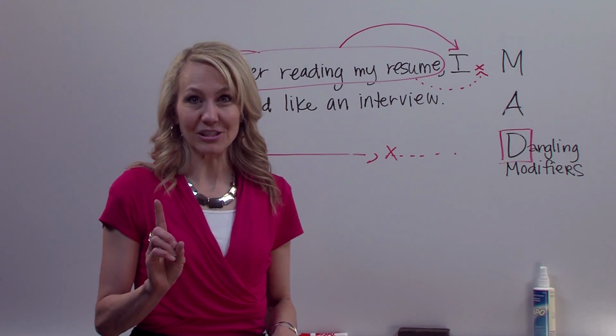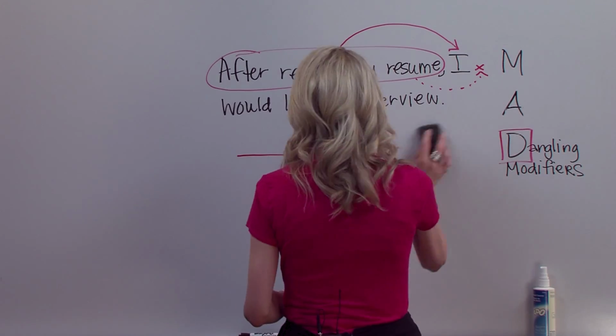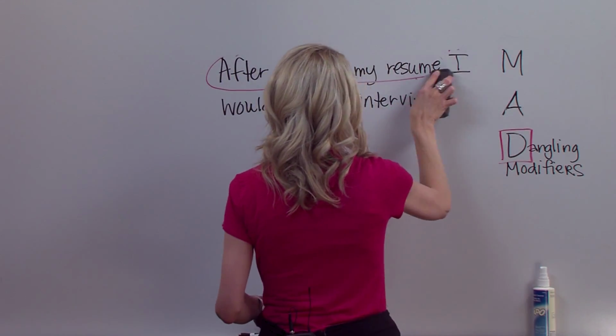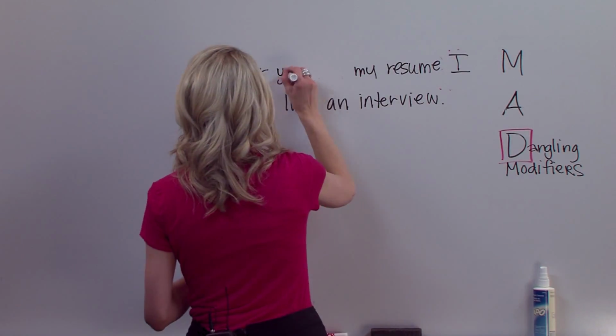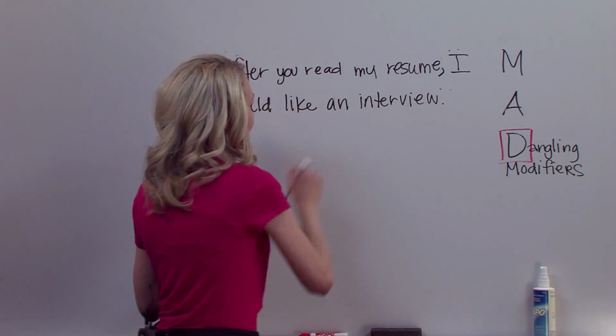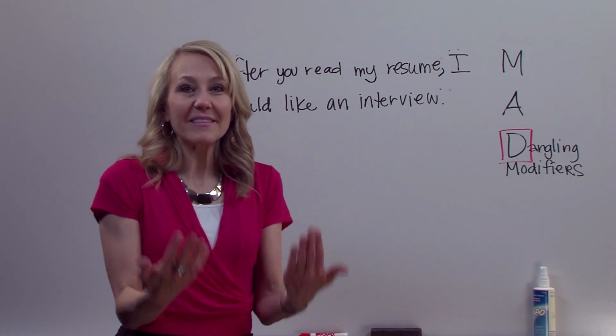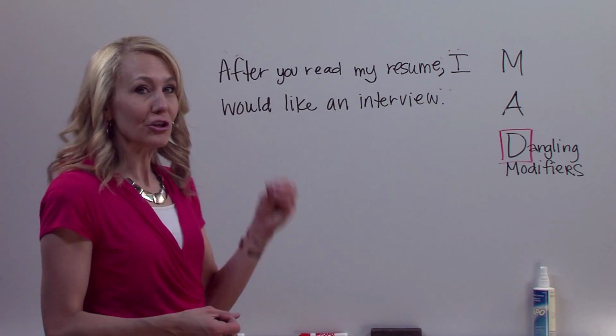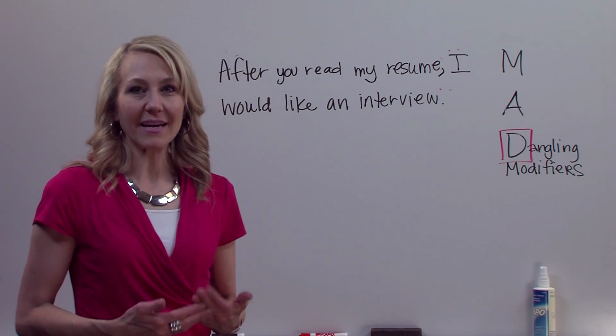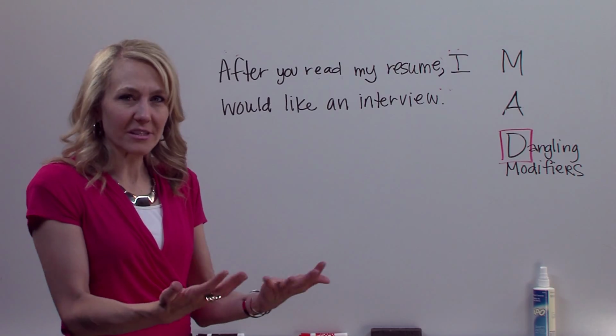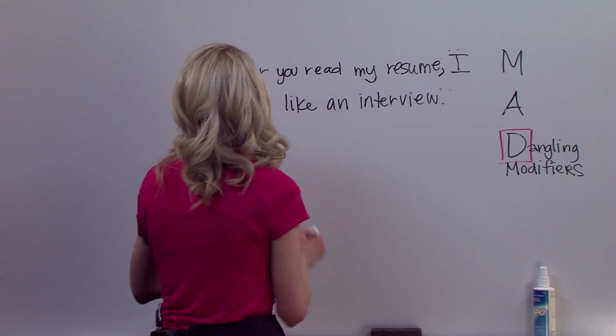Here's one way that you could do that. I've rewritten the sentence to say, after you read my resume, I would like an interview. Let's do our test for a potentially dangling modifier.